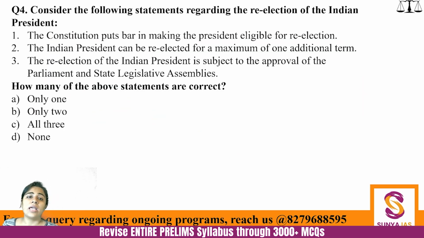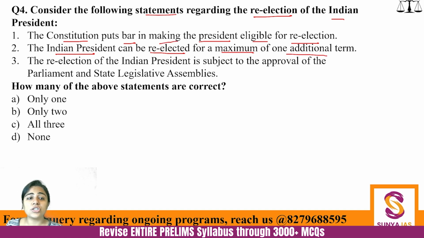Next question. Consider the following statements regarding the re-election of the Indian president. The Constitution puts a bar on making the president eligible for re-election. The Indian president can be re-elected for a maximum of one additional term.